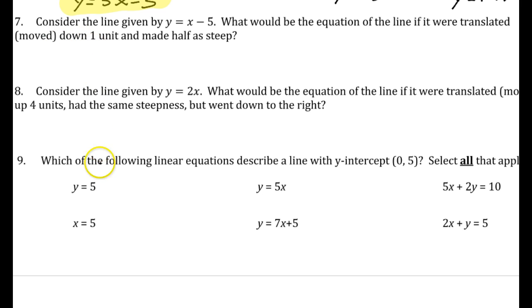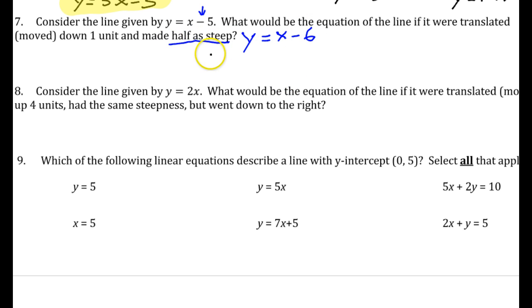Let's do that first. The translation affects only the y-intercept. So -5 moved down 1 would be -6.